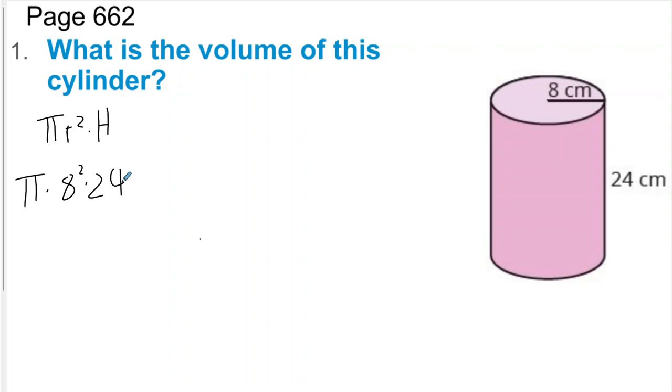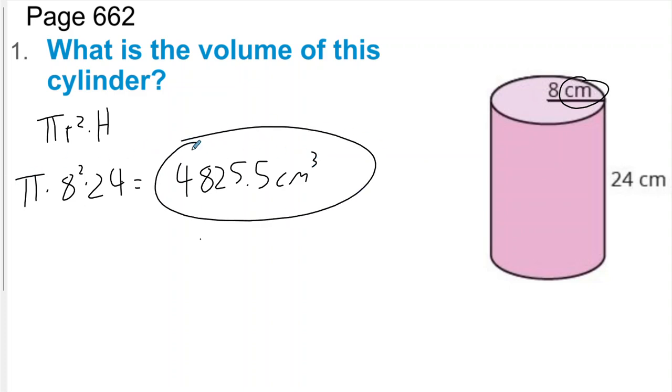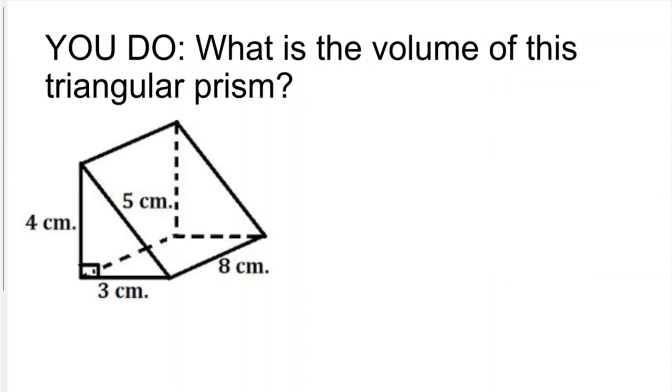I'm going to get out my calculator. 8 times 8 times 24 times pi gives me 4,825.5, and the units are important. Centimeters, it's volume, so it's cubed. So, to recap, find whatever the base shape is, take the base times the height. So, here's one for you guys to try.